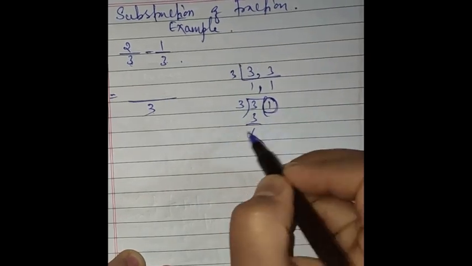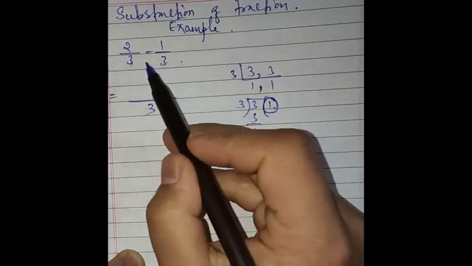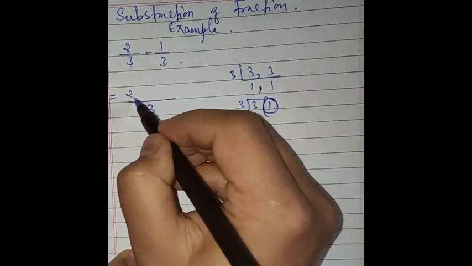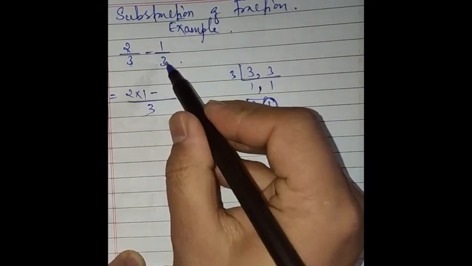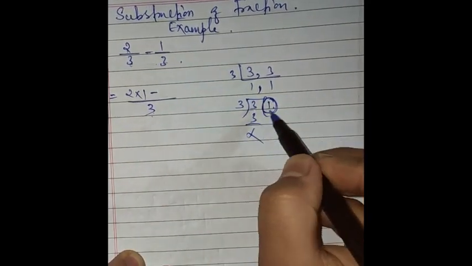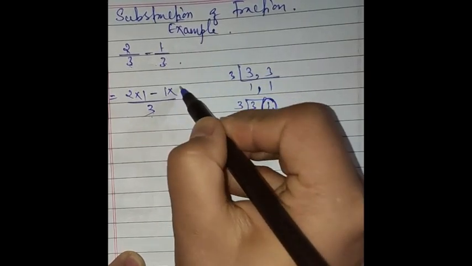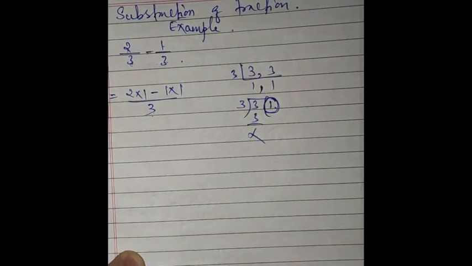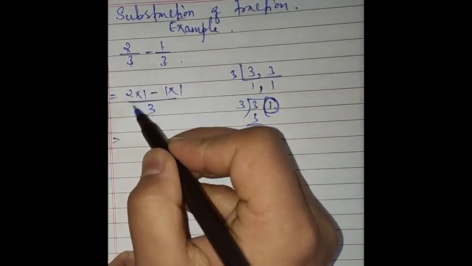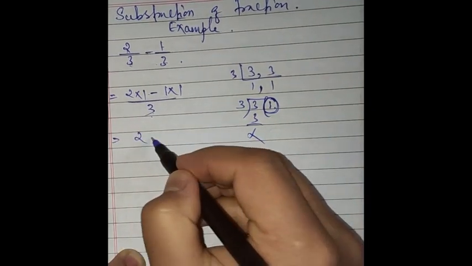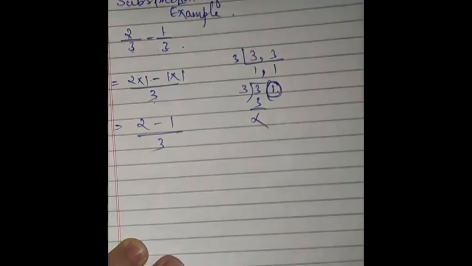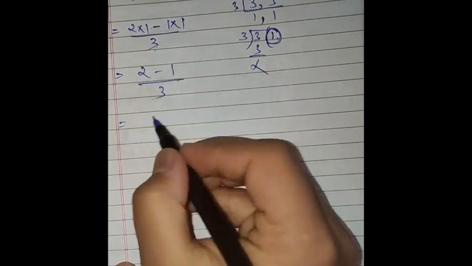So what you have got is 1. This 1 you will multiply with this 2. So 2 into 1 minus, again 3 divided by 3 is 1, so 1 into 1. Or you can directly multiply and write the answer. No need to write this, you can directly do 2 1s are 2. Okay, you can do this directly. So the answer is 1 by 3.